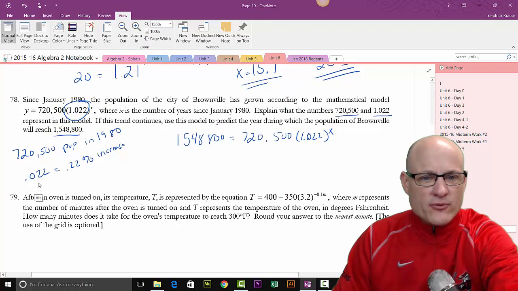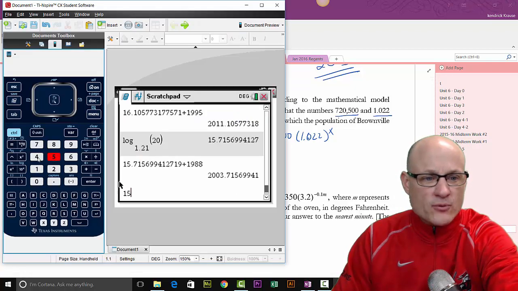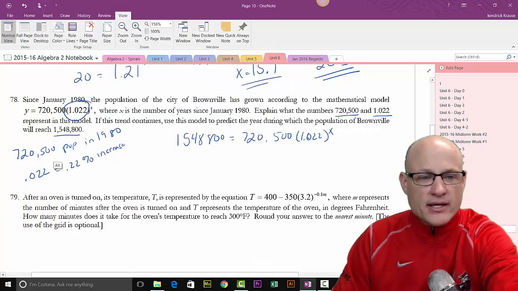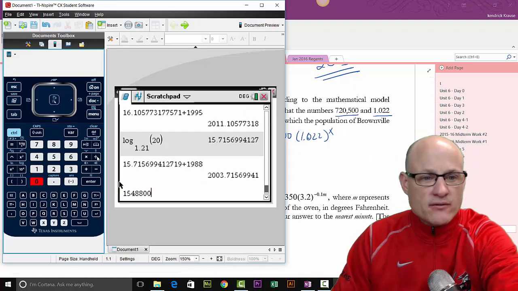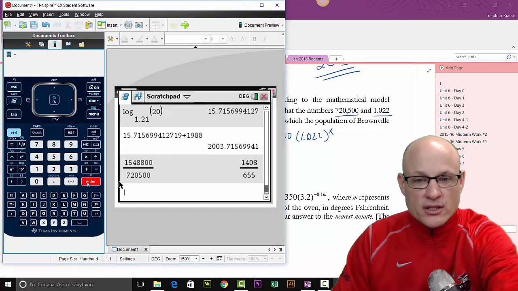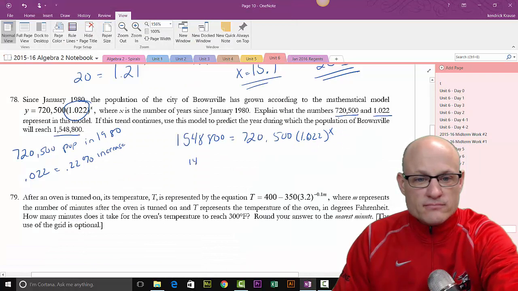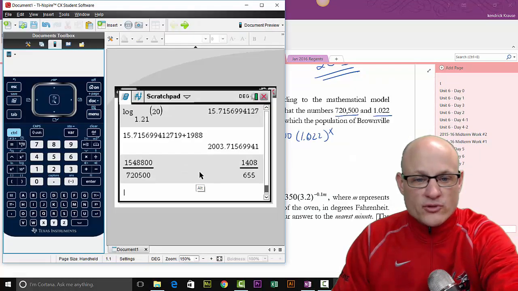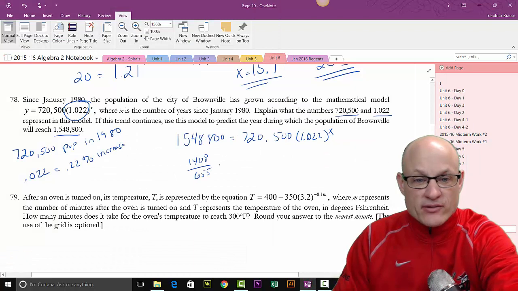So 1,548,800 divided by 720,500 equals a little over 2. So you get that, 15488 over 7205. You can get that as a decimal, but it doesn't matter.